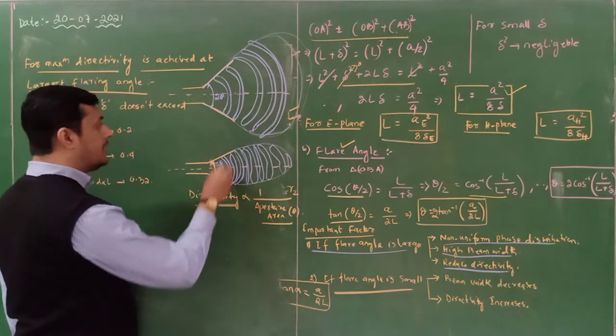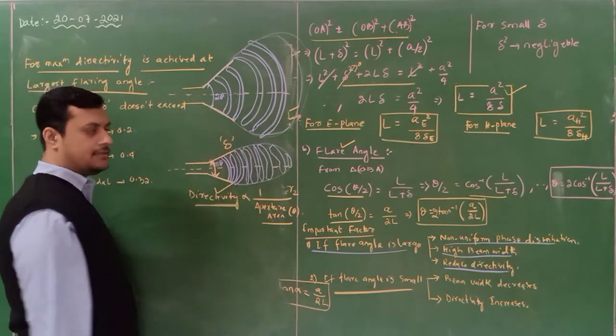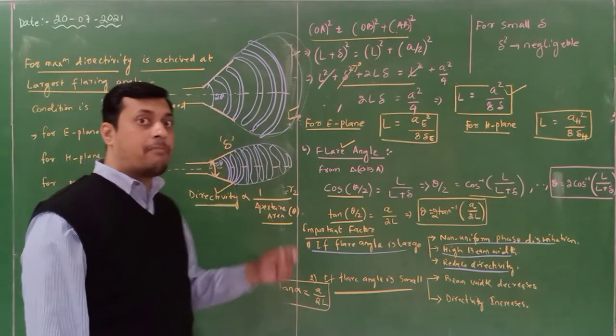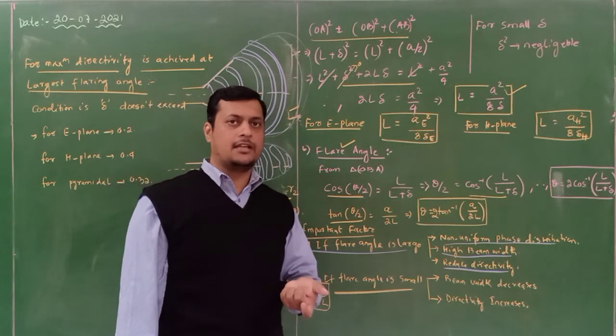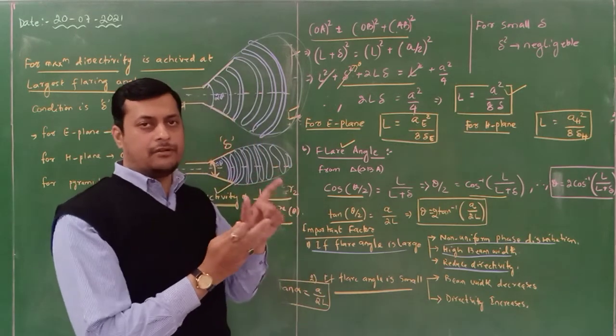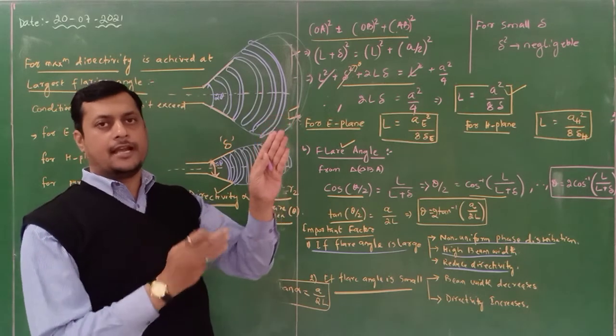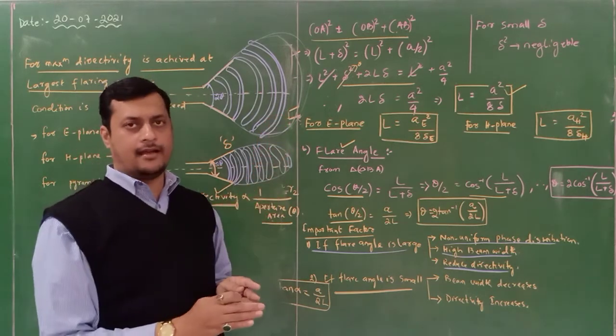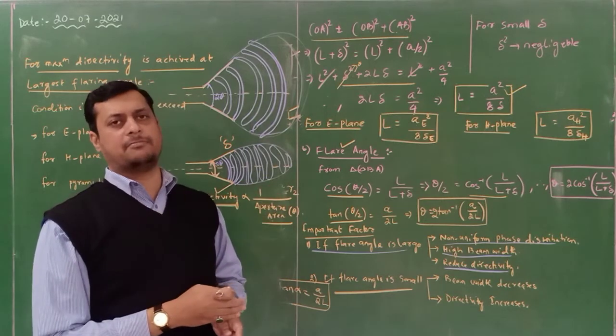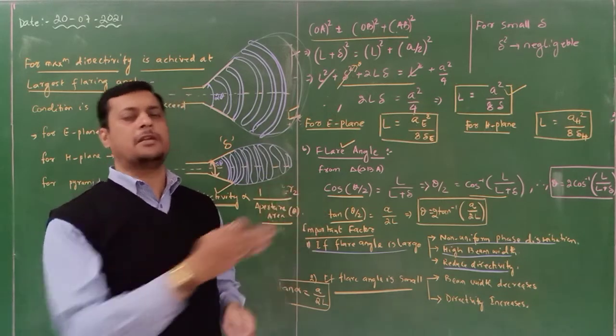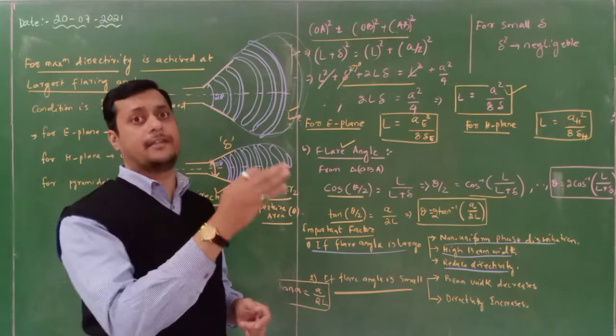The only parameter is the path difference, as I have discussed earlier. If the path difference is negligible, that means the difference between the wave which is propagating along the side of the flare and the axis of that horn antenna is very negligible, that means we can transmit to a longer distance or in a high directivity.